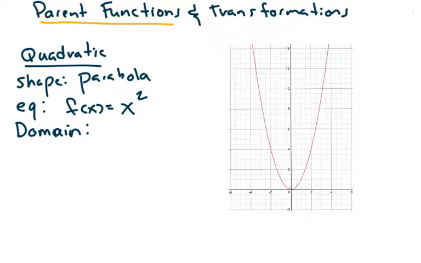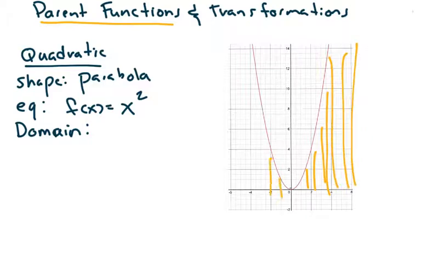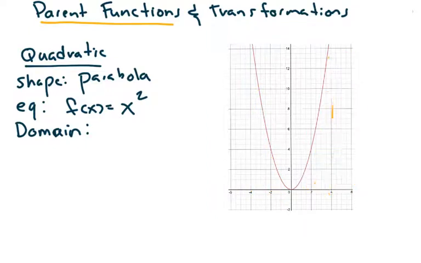It keeps on spreading farther and farther outward from the y-axis, in this direction and in this direction. So it's going to create a shadow everywhere on the x-axis, meaning every x value that you can plug in has a corresponding y value. If you plug in 2, you get 4. So the domain is all real numbers.